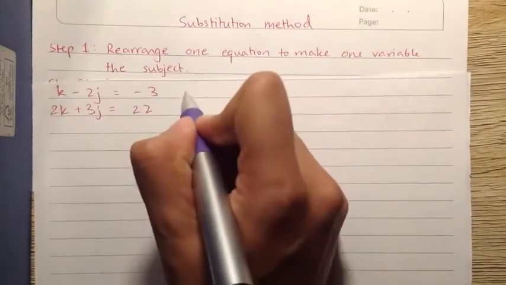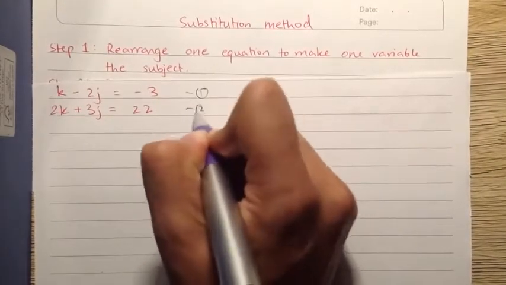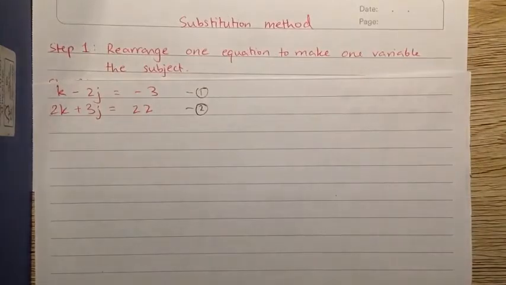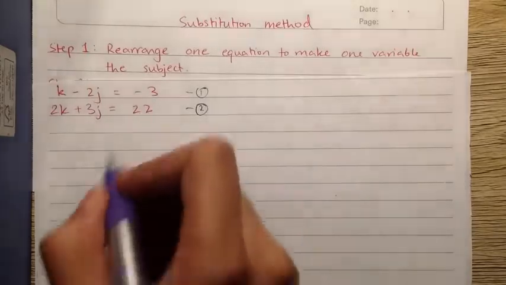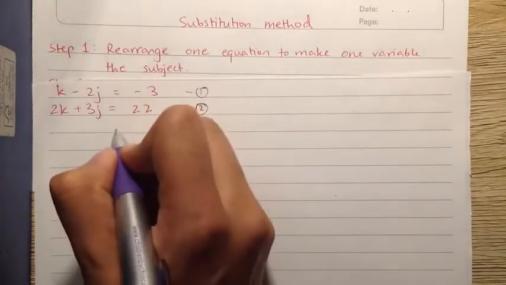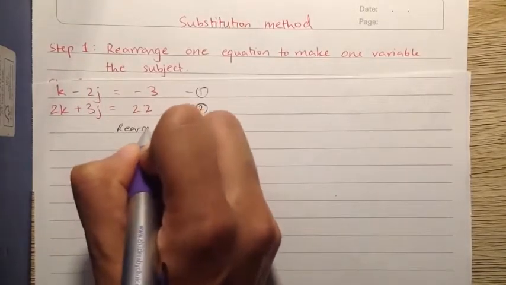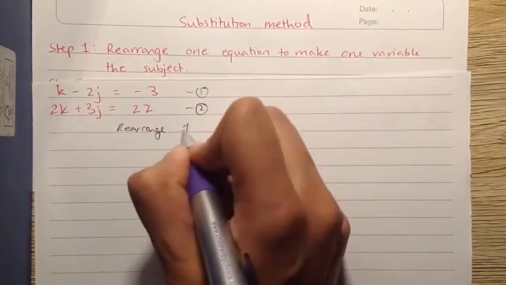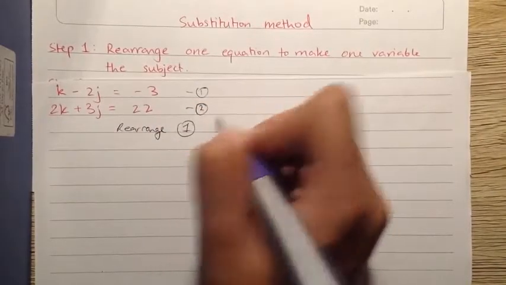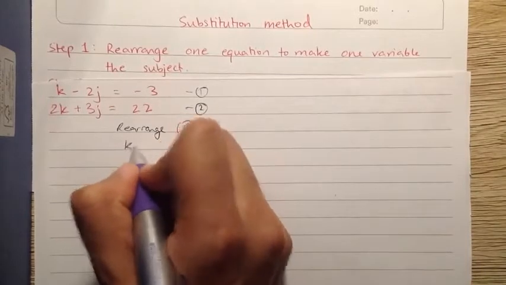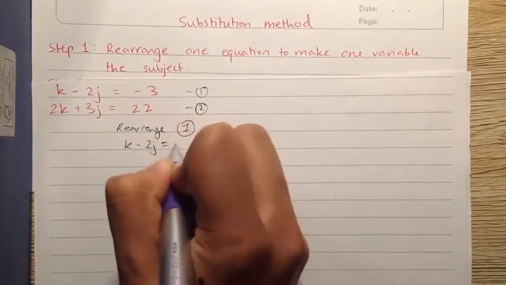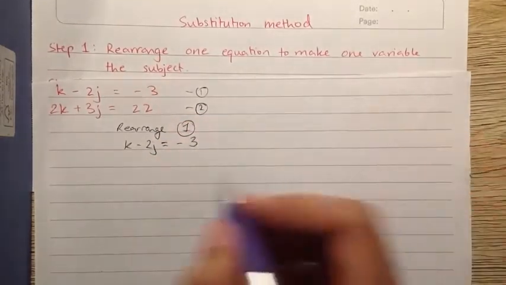So let's call this equation 1, call this equation 2. So step 1 is to rearrange one equation to make one variable the subject. So let's rearrange equation 1 and make k the subject. So we've got k minus 2j equals negative 3.